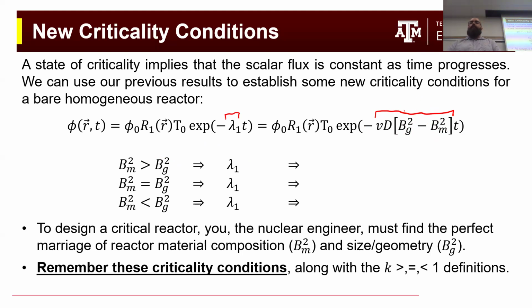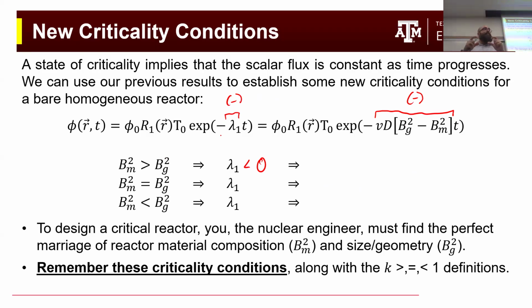And also the sign of this term is going to match the sign of lambda 1. So if BM squared is greater than BG squared, then this quantity is negative, which means that lambda 1 is also negative. So in this case, lambda 1 is going to be negative, and I've got a negative times a negative inside of an exponential.